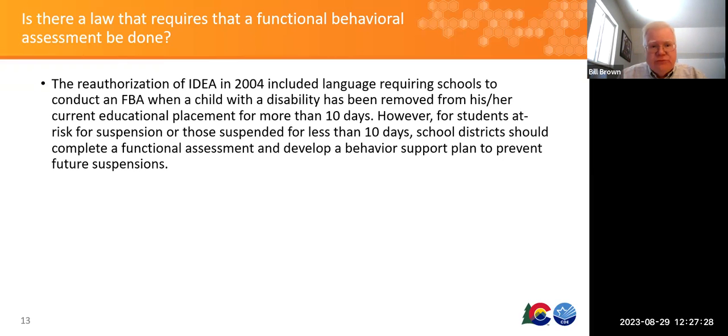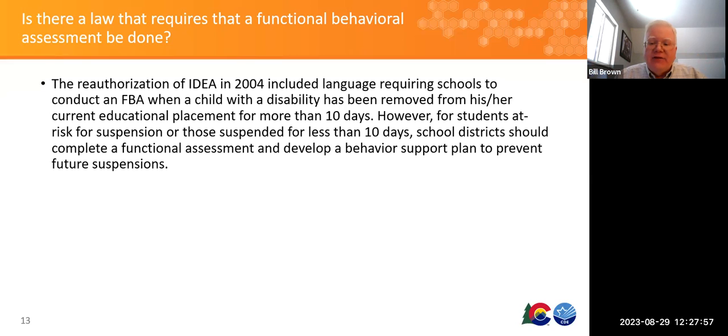The manifestation determination review process is really for students who have an IEP or students who are on a 504. After being removed for a 10-day time period, or being suspended or sent home from the school environment, they have to have a meeting the next time they want to take any type of disciplinary action.